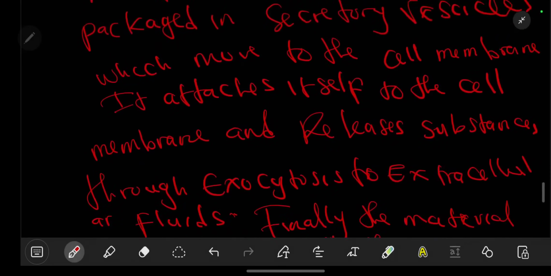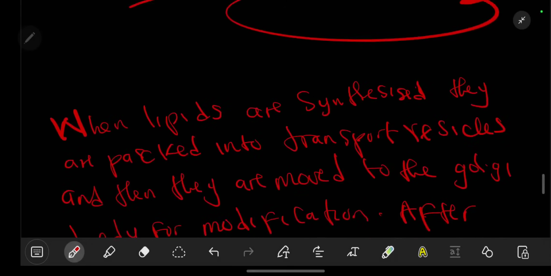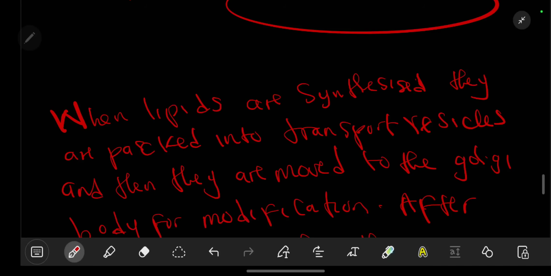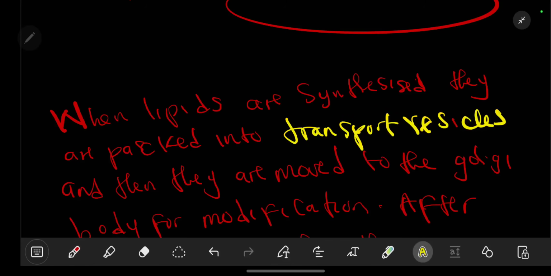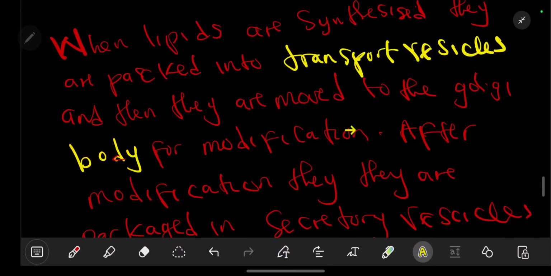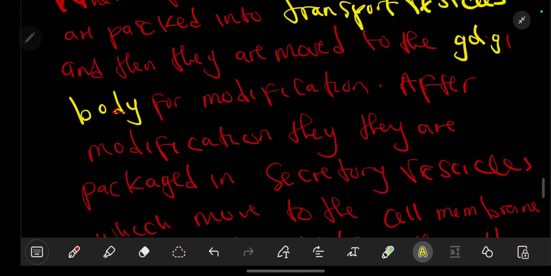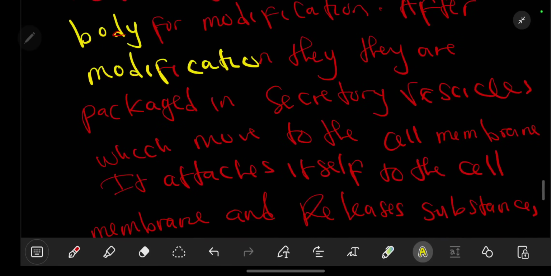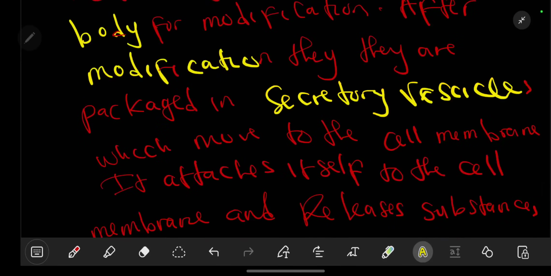Okay, so this is how you write your essay. We can say when lipids are synthesized, they are packaged into transport vesicles, just as we said, and they are moved to the Golgi body for modification. After they have been modified, they are packaged again into secretory vesicles which go outside.